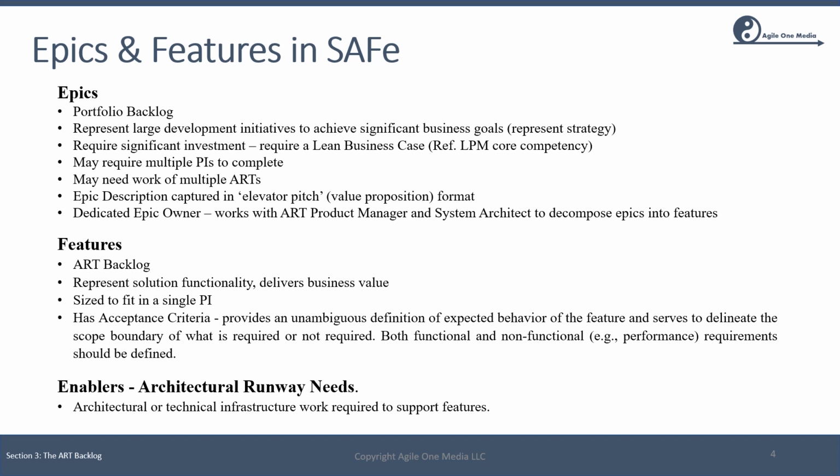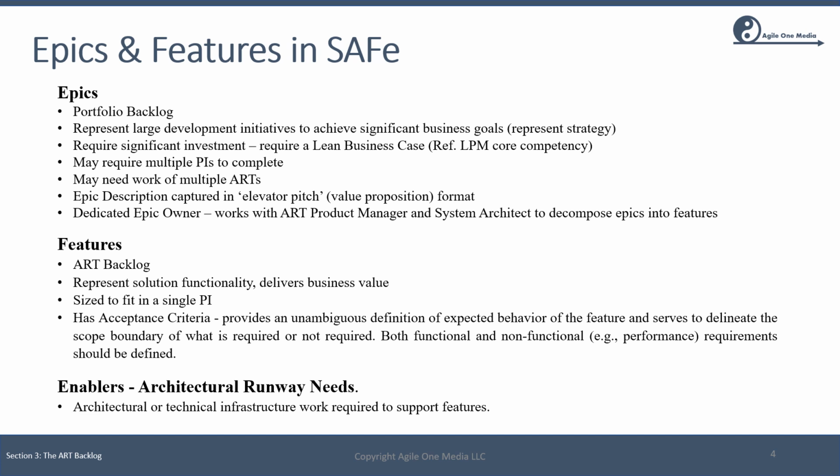This requires something called a lean business case, and we'll need to refer to the lean portfolio management core competency for a deep dive on that topic. Epics may require multiple PIs to complete, and may also need the work of multiple ARTs to complete.